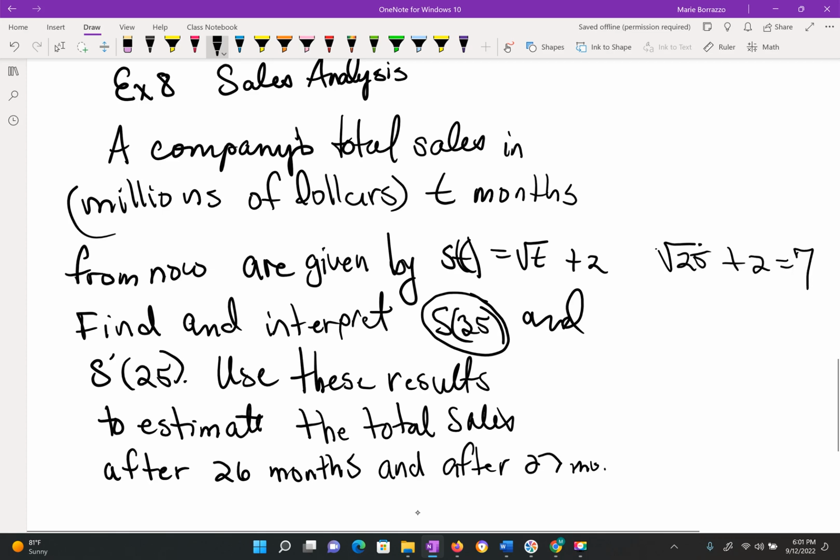And isn't this going to give me 7? And if I'm evaluating that first derivative, it should look like 1 over 2 square root of t based on the previous example. So in theory, shouldn't that be equivalent to 0.1? Because you're going to get 1 over 10, which is 0.1.